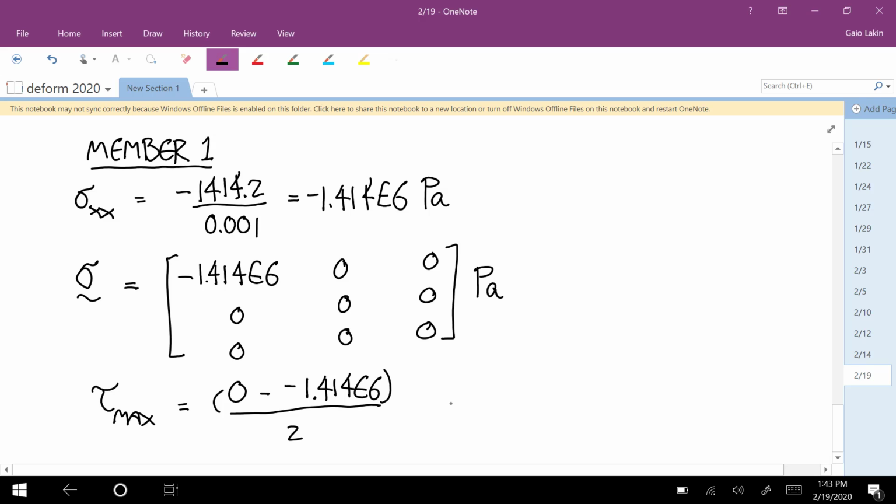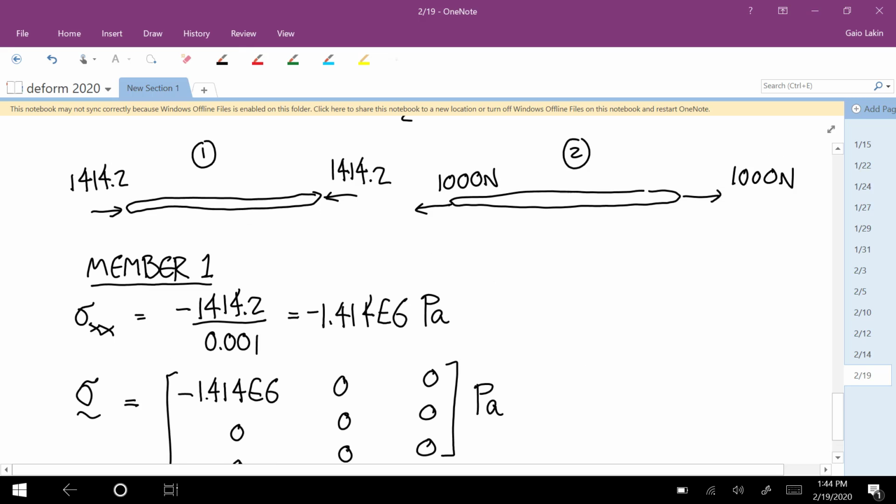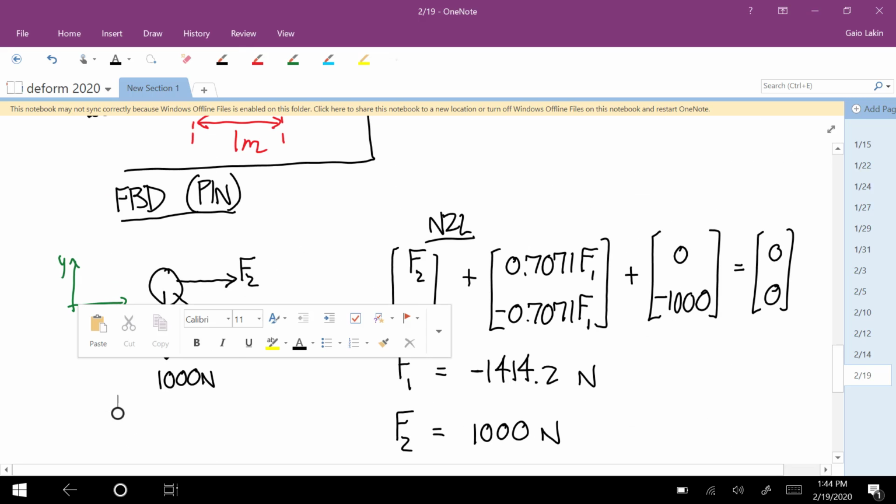And so that is positive 7.071 times 10 to the 5th pascals. So that's the maximum shear stress in the angled member.